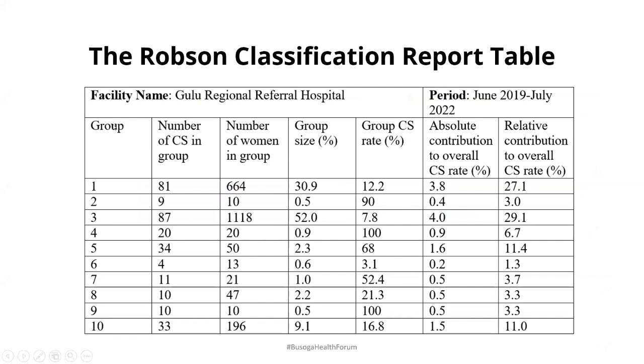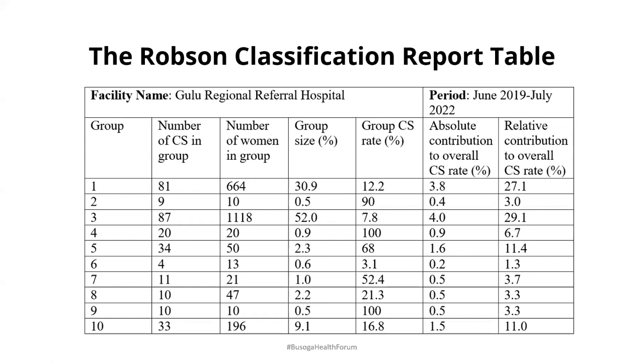You realize that the table is a 7-column table, having the group, number of cesarean deliveries, number of mothers, size of the group, the group cesarean delivery rate, the absolute contribution of each group to the overall, and then the relative.